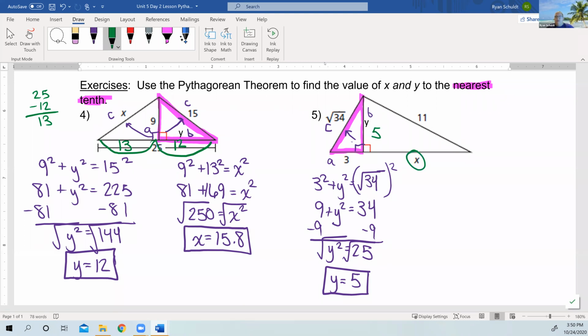But I still don't know x. So the 11 has to be my c for this triangle. I'm going to say the 5 is a, the x is b. So 5 squared plus b squared equals 11 squared. It's going to be 25 plus b squared equals 121.